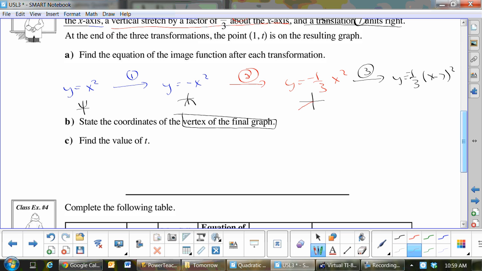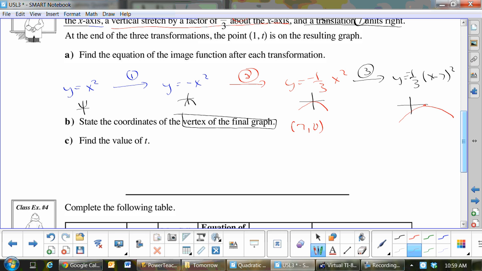Wide. And then this would be 7 right. So it's going to be over here somewhere, right? Is that how you're picturing it? Now, what would be the vertex? Seven, 0.